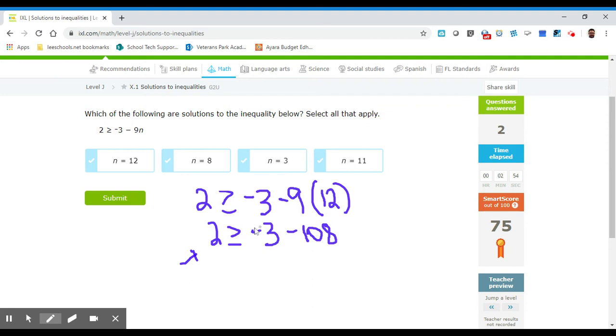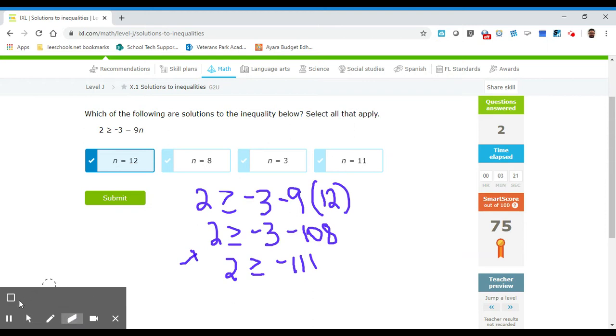And then since we're adding and subtracting, and since they're the same sign, we add them together, and we get 2 is bigger than or the same as negative 111. Now, 2 is greater than or equal to negative 111 because it's positive, so we can select this as our option so far. Remember, select all that apply means there could be more than one that is correct.